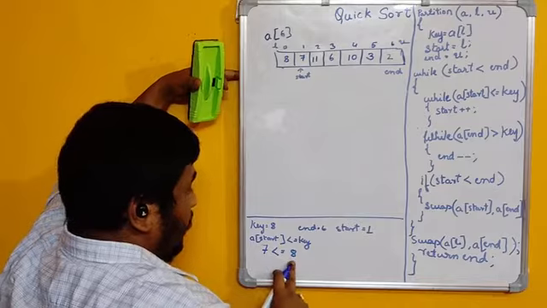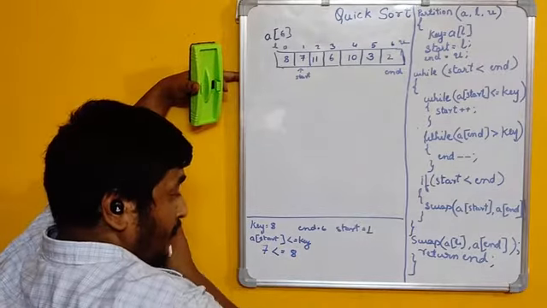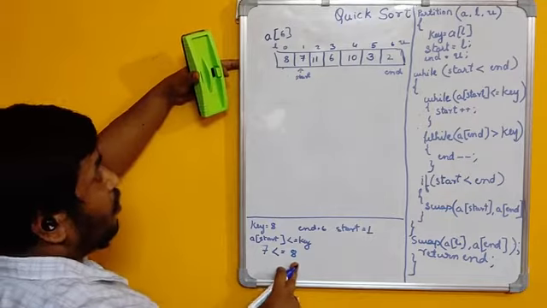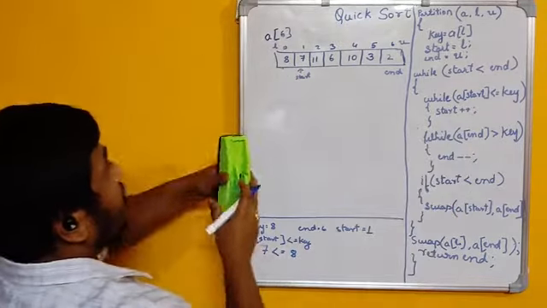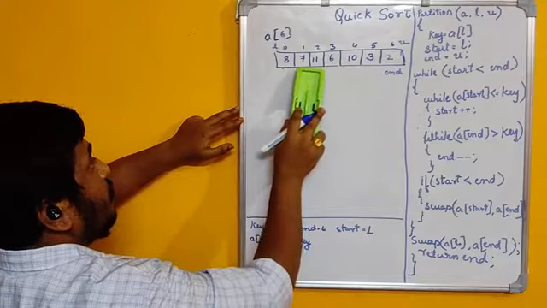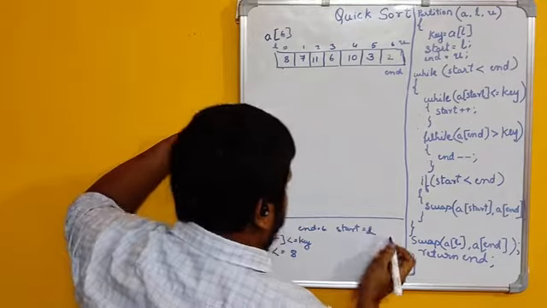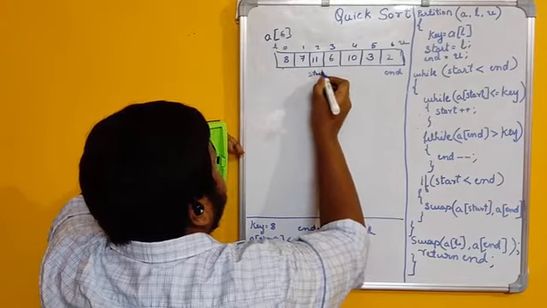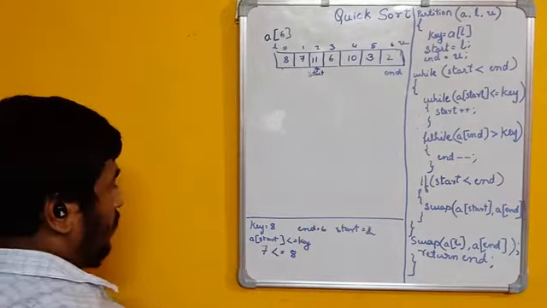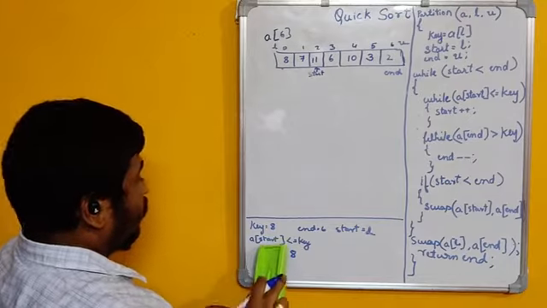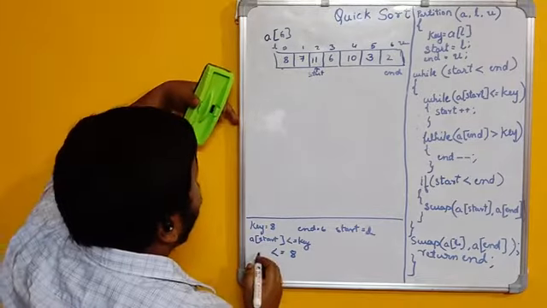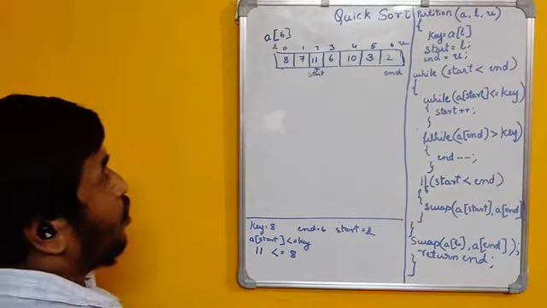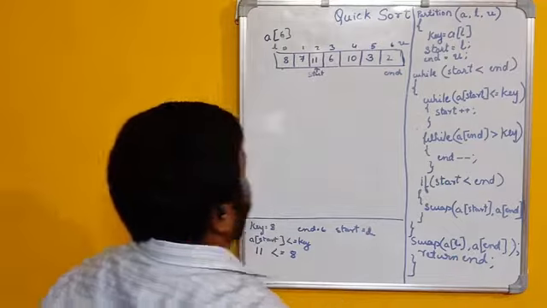Is 7 less than or equal to 8? Yes. So we have to increment the start. So start is now 2 and pointing here. Now A of 2 is what? 11. Is 11 less than or equal to 8? No. Condition failed here.